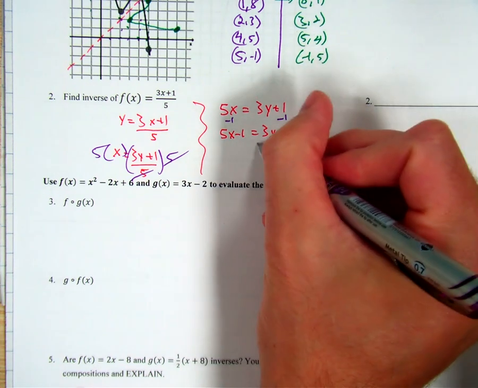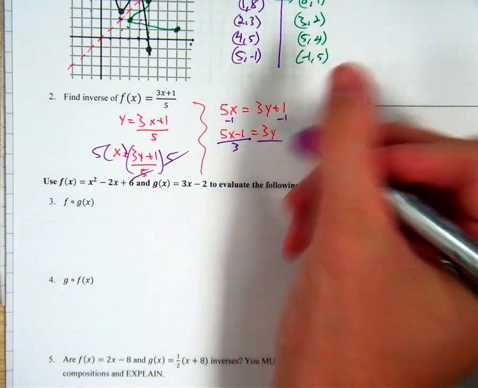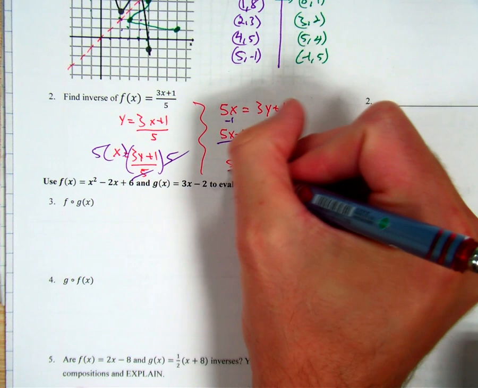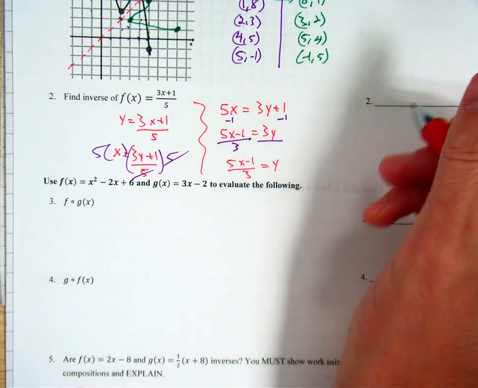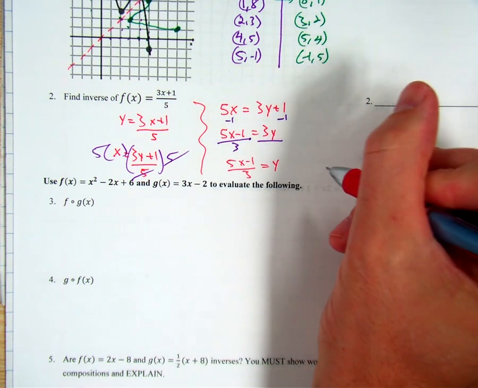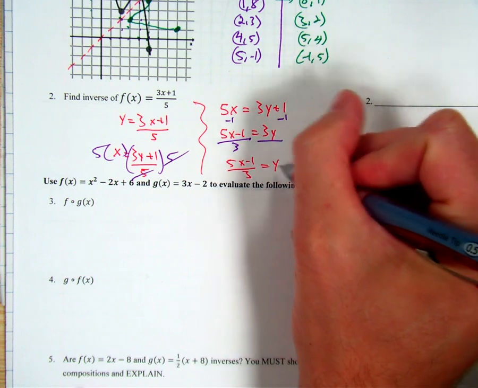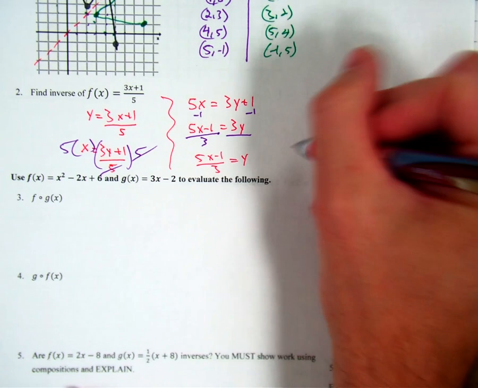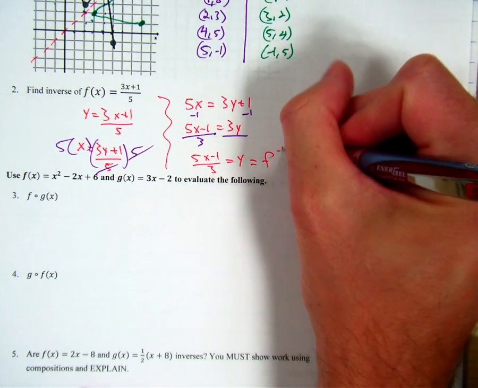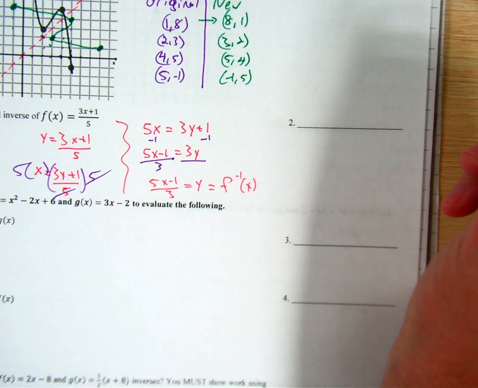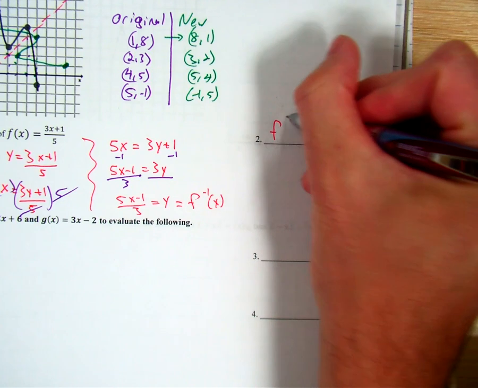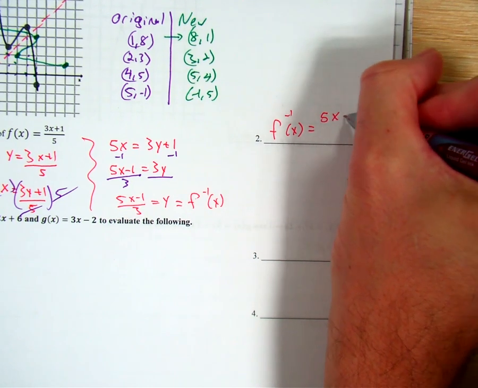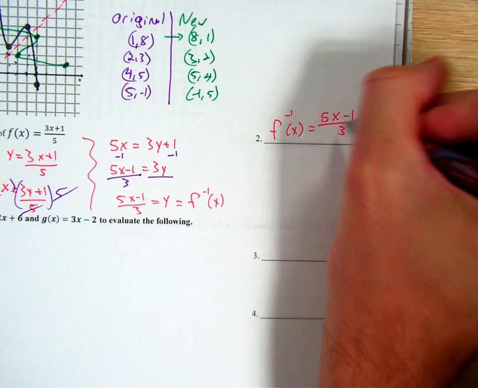And divide everything by 3. (5x minus 1) over 3 equals y. Little itty-bitty half step at the end, don't forget it. We're going to change this to f inverse. So on our answer, f inverse of x equals (5x minus 1) over 3.